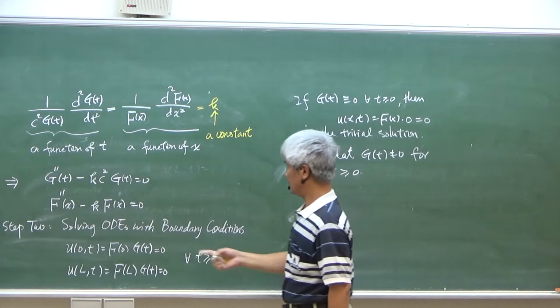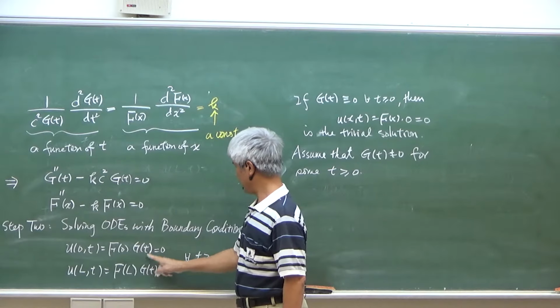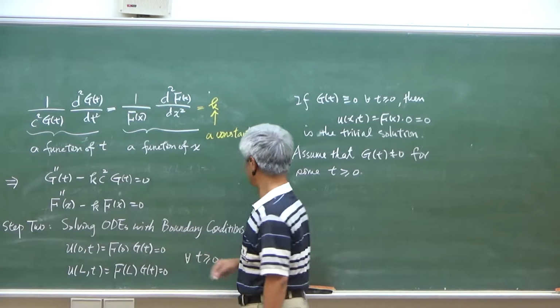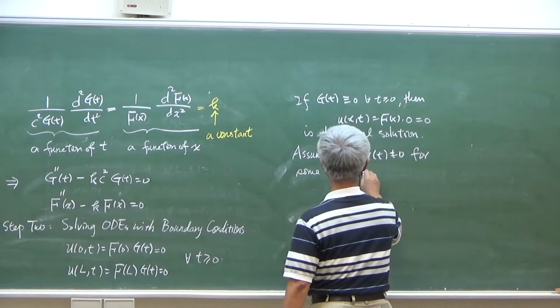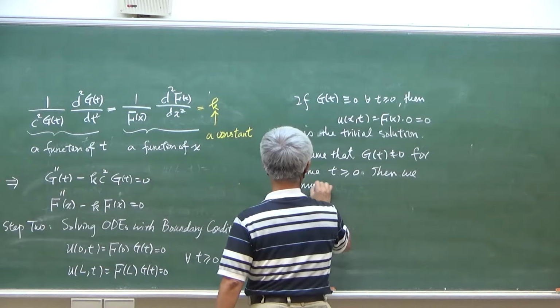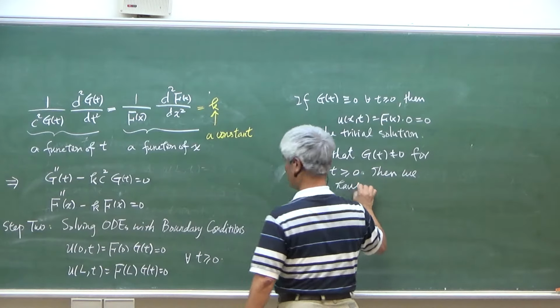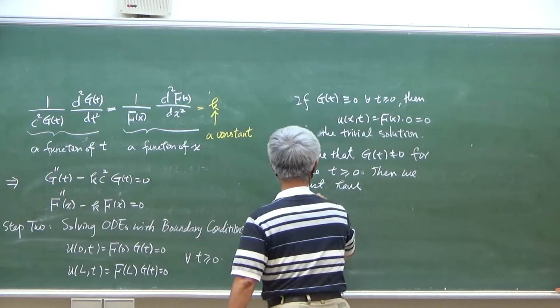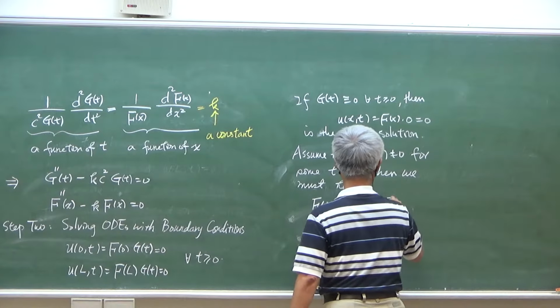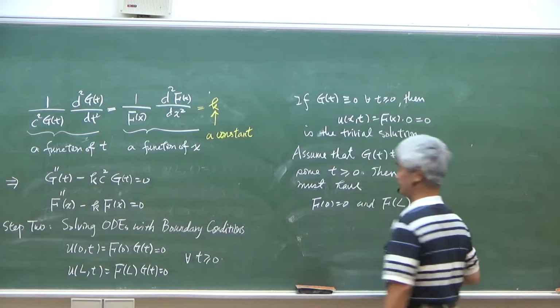Alright, so you can find a time t such that g of t is not equal to 0. In this case, we must have f of 0 equal to 0 and f of L equal to 0.